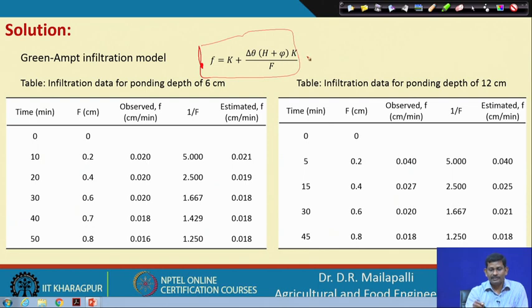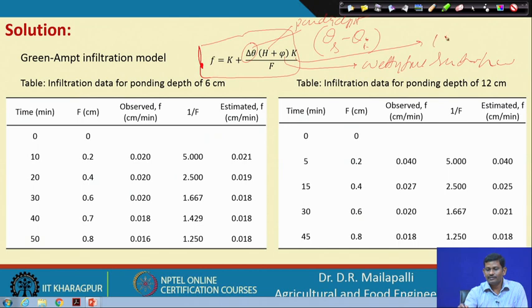Here delta theta is theta s minus theta i, which is saturated soil moisture minus initial soil moisture, h is the ponding depth, psi is the wetting front suction head, and K is the Green-Ampt parameter, which some researchers also use as the hydraulic conductivity.